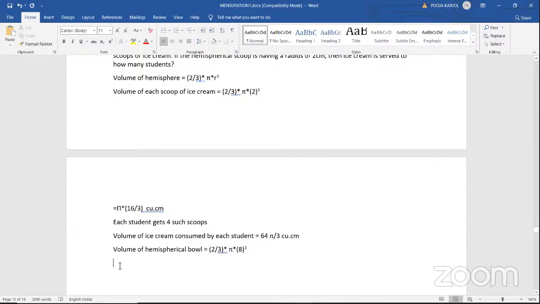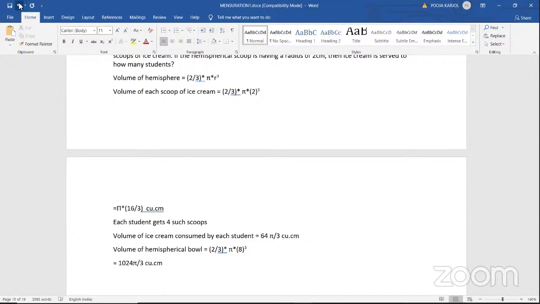So this will be how much? 2 by 3 pi, 8 into 8 into 8, 512, 1024. 1024 pi by 3 cubic centimeter.